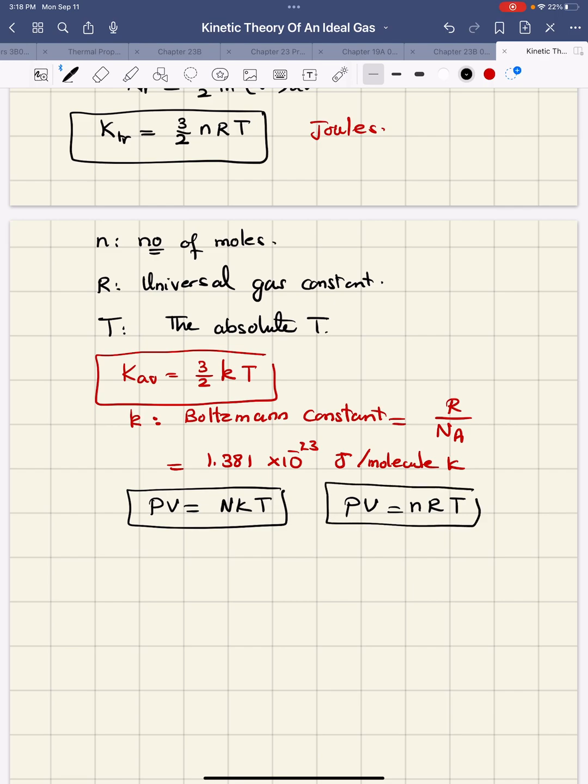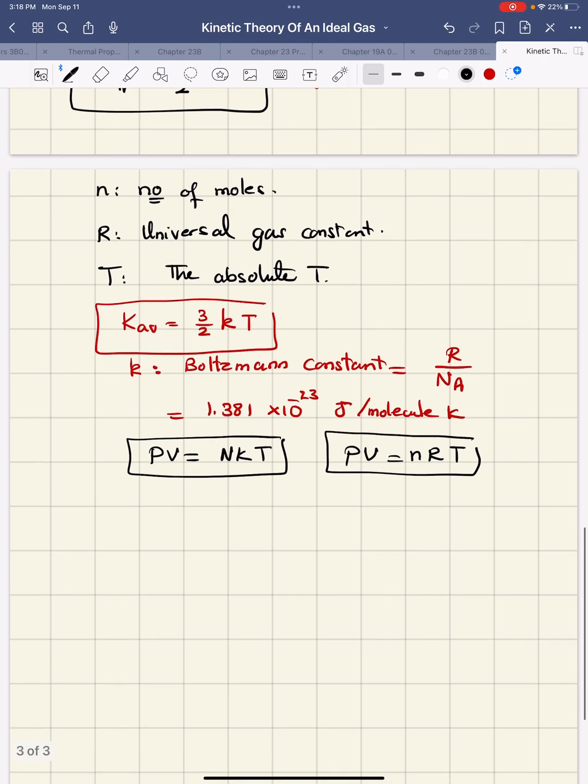Now I can also derive what is called the molecular speeds of an ideal gas. And there is an average value that I'm looking for.